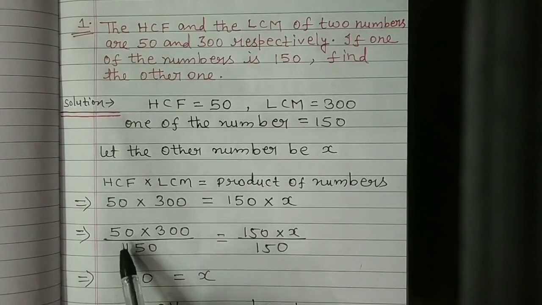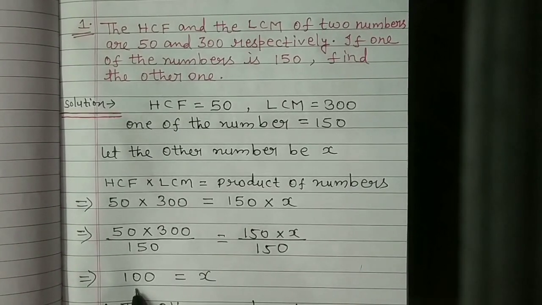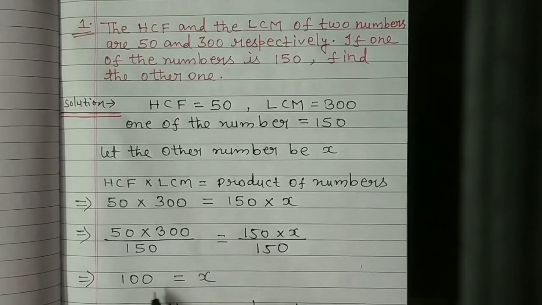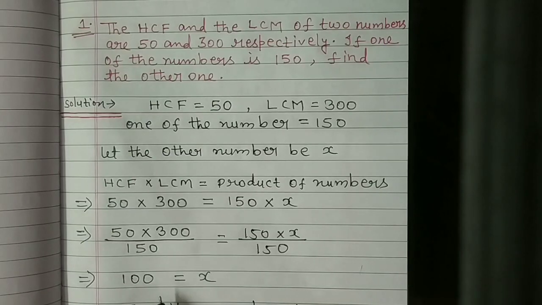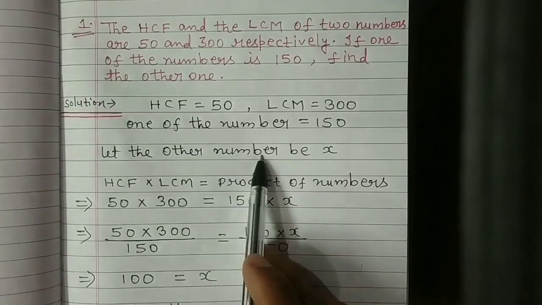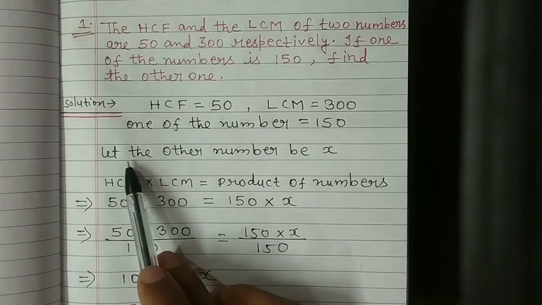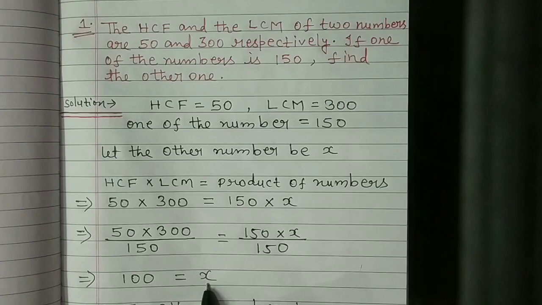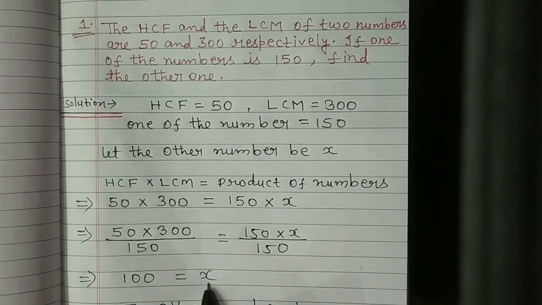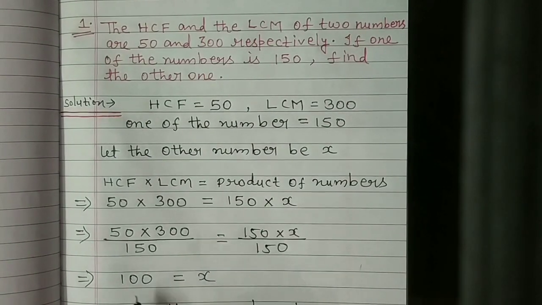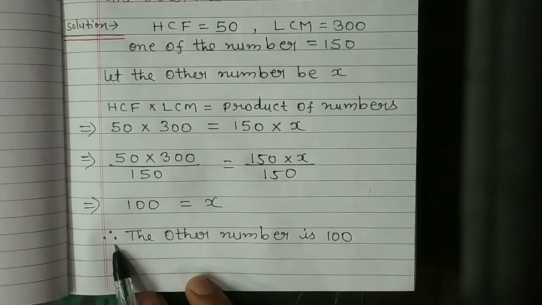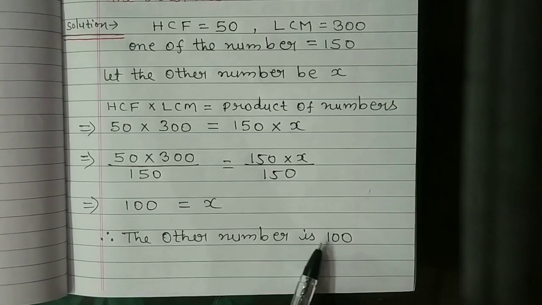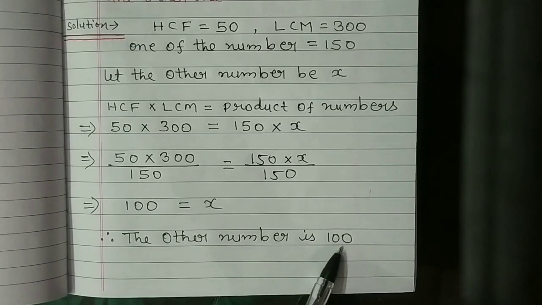After solving this you will get 100, so we have got the value of x equal to 100. This x is the other number, as we wrote already, let the other number be x. Therefore the other number is 100, and this is our final answer.